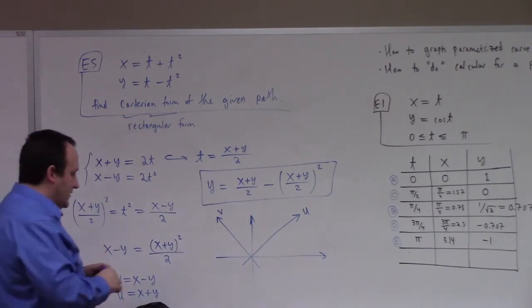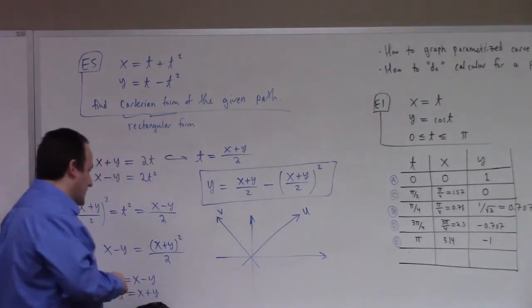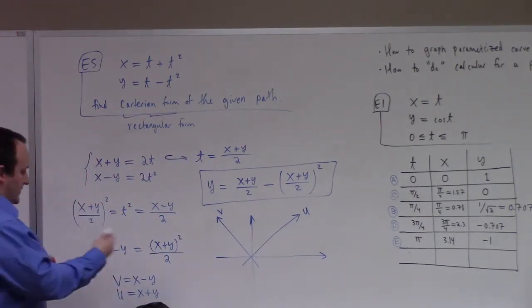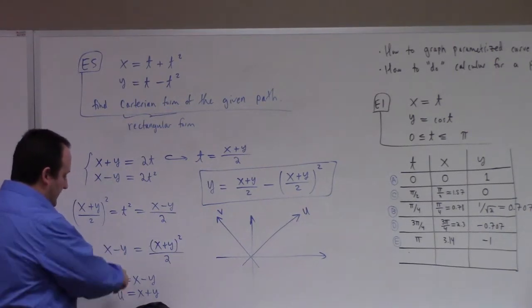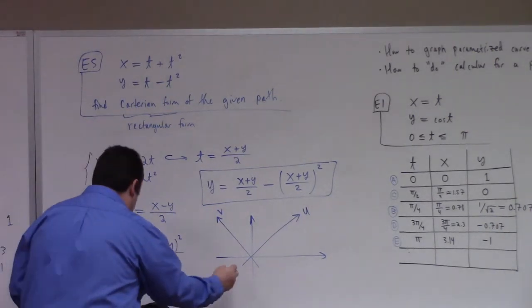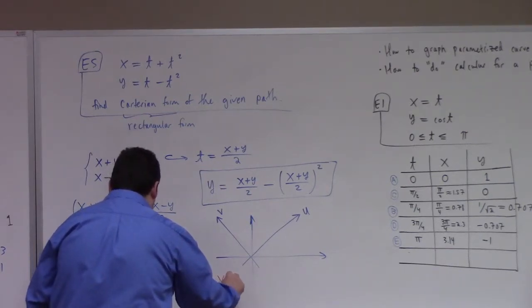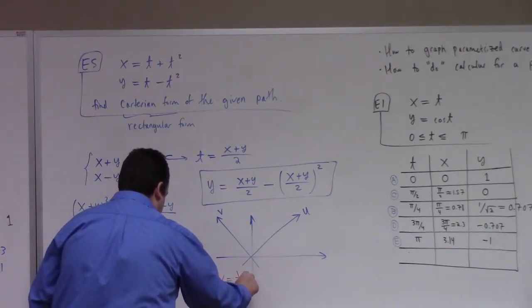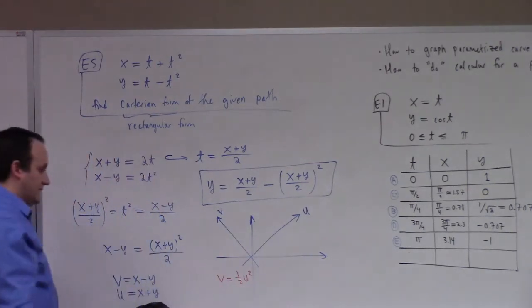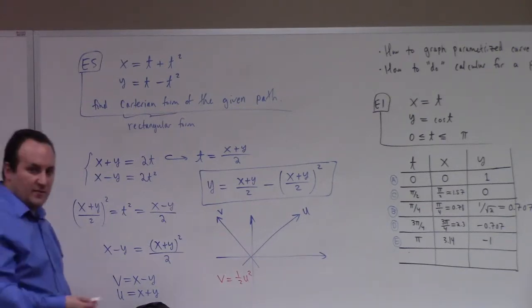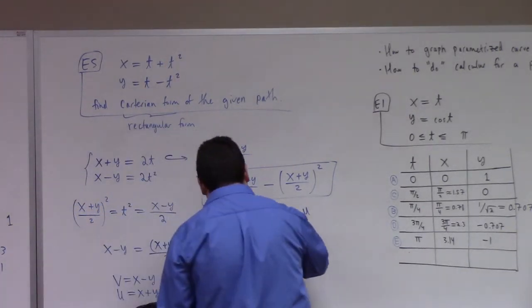And with respect to that Cartesian coordinate system, although I think I probably need to do some normalization, but whatever, I'm just trying to give you a sense of what's going on here. This equation becomes what? It's v equals 1/2 u squared, right? Which is a sideways opening parabola. It's this guy.